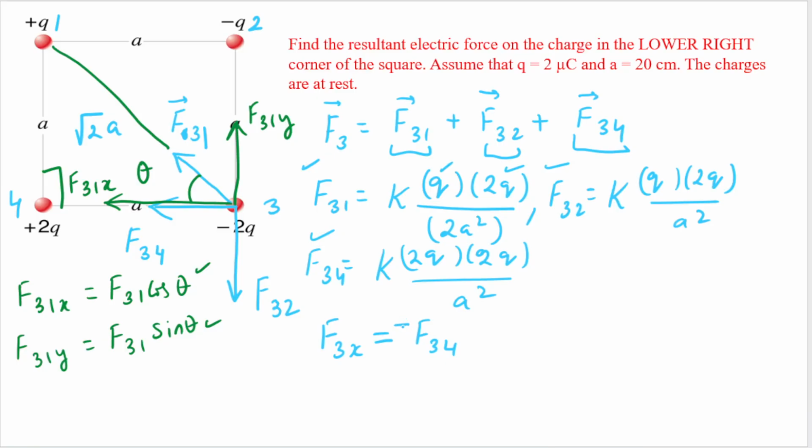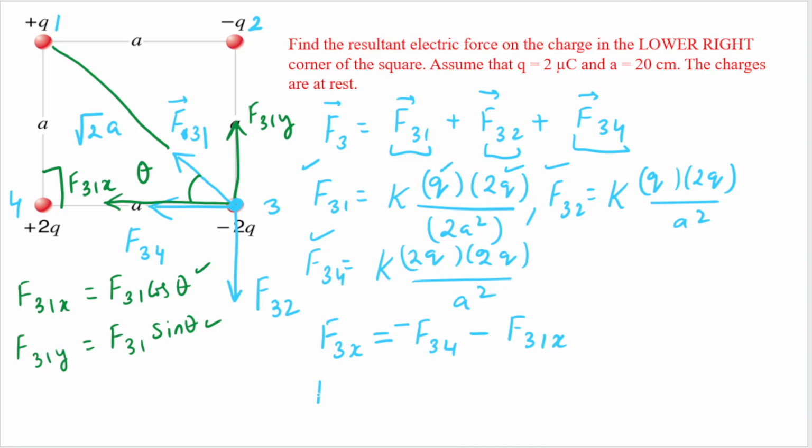The minus sign indicates that F34 is pointing in the negative X direction. So basically what we are saying is the origin of the Cartesian coordinate system is fixed where charge Q3 exists and all arrows pointing to the left are chosen to be negative. With similar logic, minus F31X.